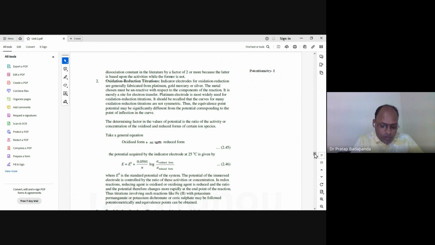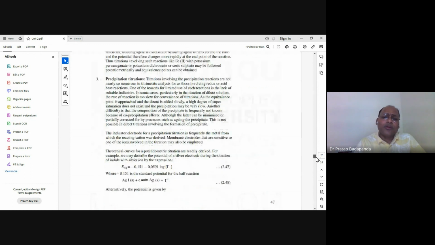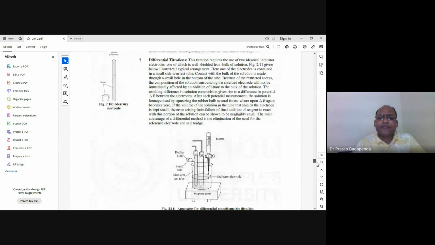That's why I told you noble, non-reactive metals. The components of the reaction, it is merely a site of electron transfer. Platinum electrodes are most widely used for oxidation reduction titration. These are the things you have to read, and go through all of them.